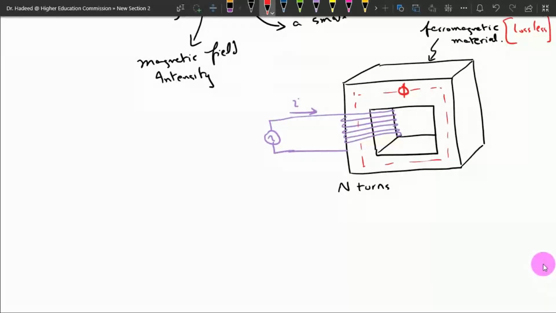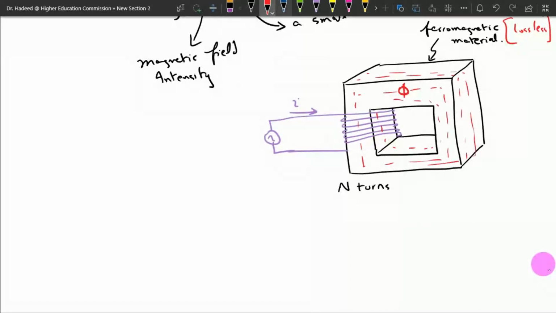Now, this core flux shall have a mean length, because it will be present in all the different parts of the core, here as well, and also inside here as well.